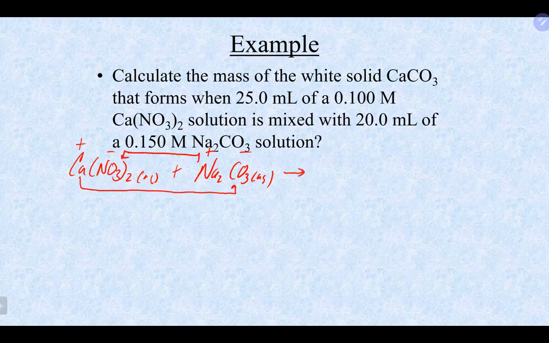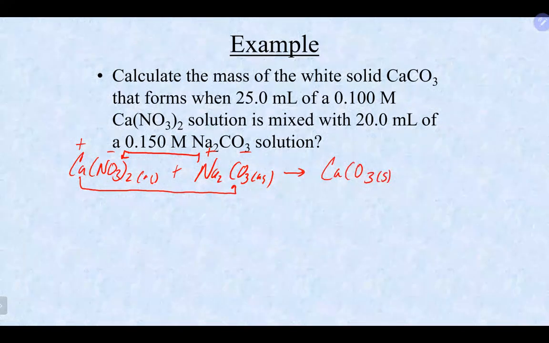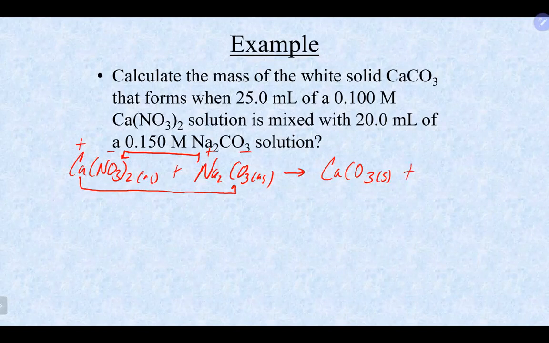Remember that when you predict what's on the other side, you want to get the basic formulas correct. So calcium and carbonate, plus 2 and minus 2, should give you calcium carbonate, which is a solid. And obviously our sodium, which is +1, and our nitrate, which is -1, will give you the proper formula here.